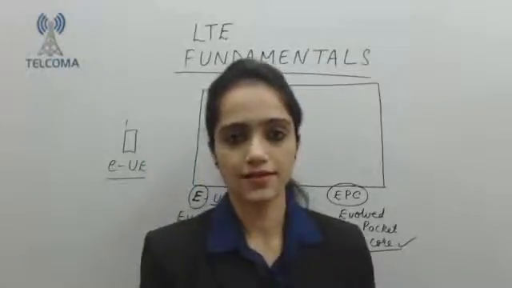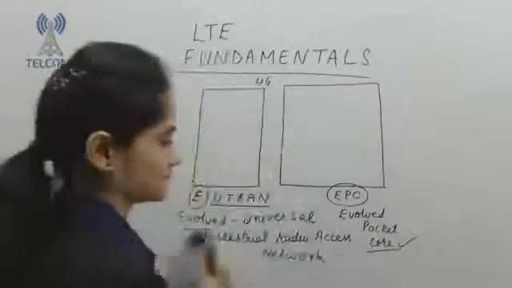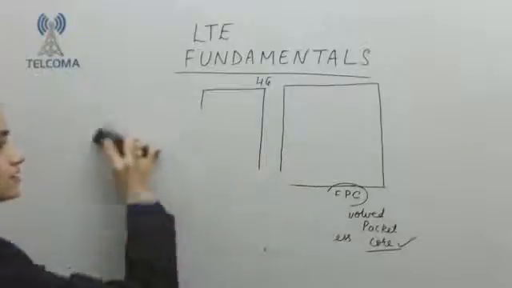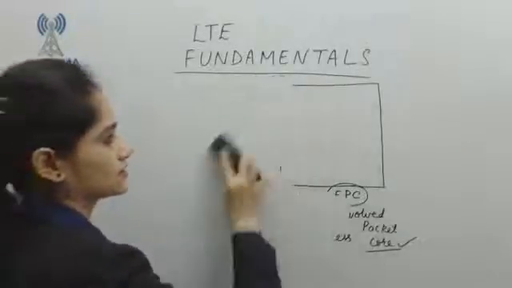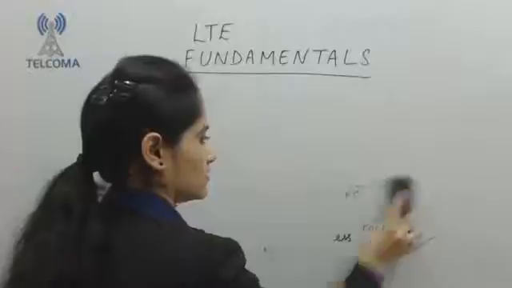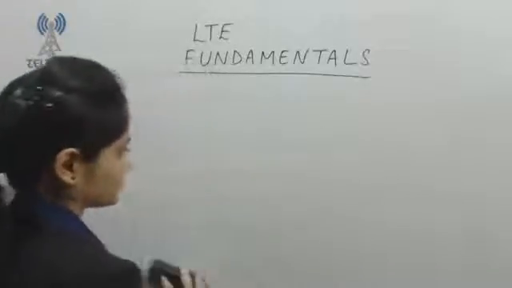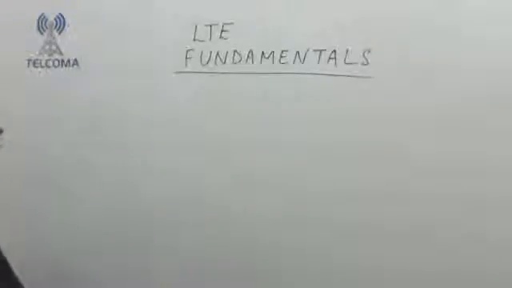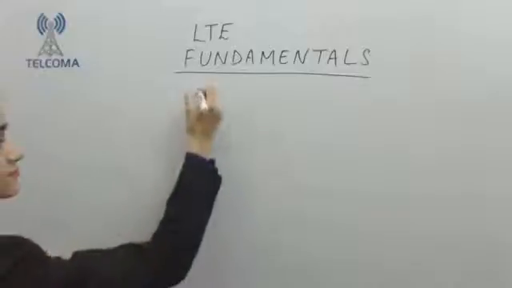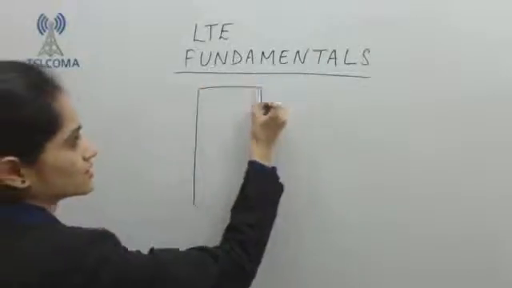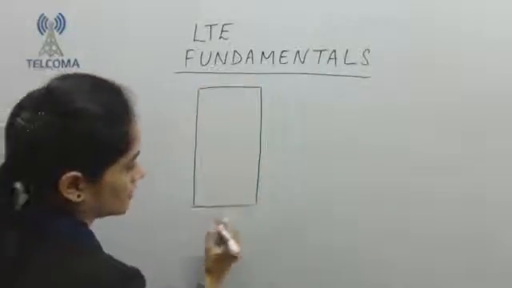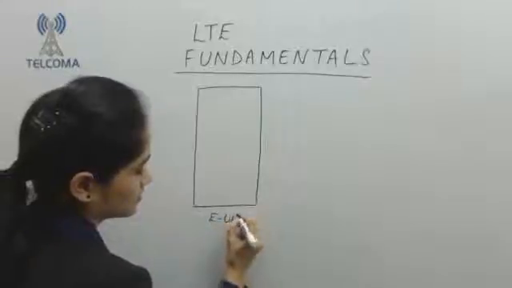Now let's understand the various nodes in the architecture. So this is my E-UTRAN part.